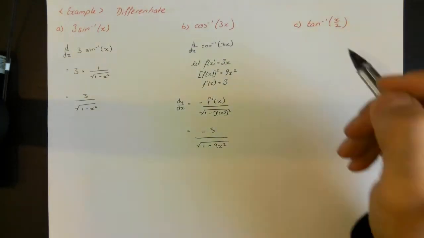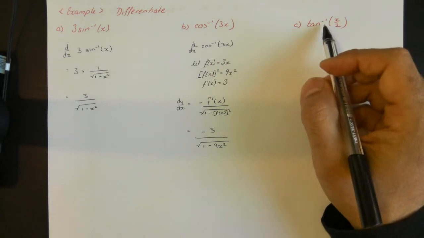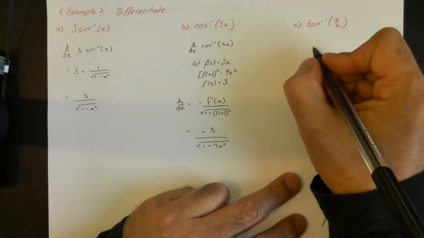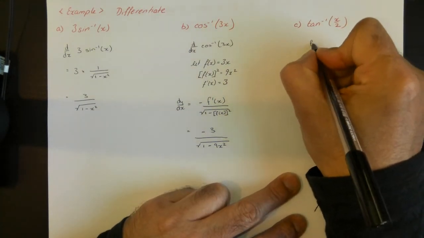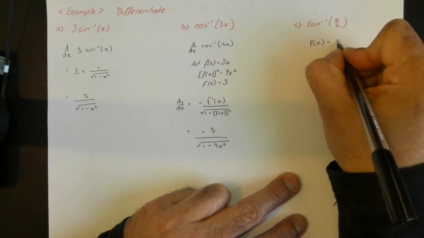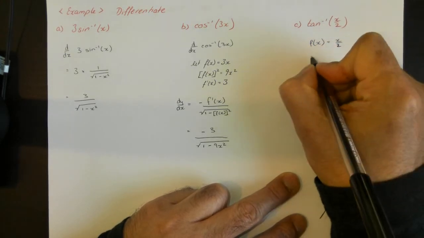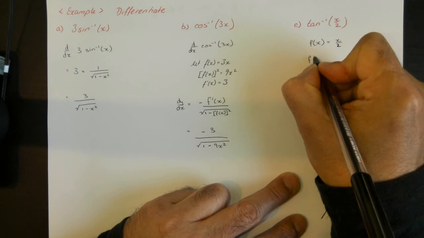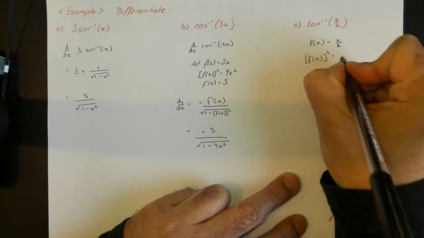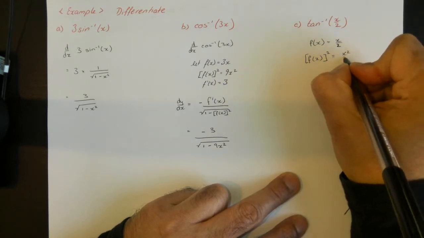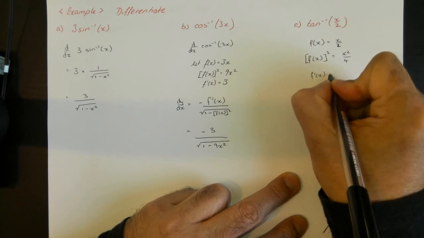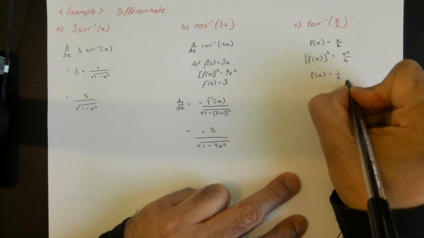Similarly, let's find the derivative of arc tan of x on 2. If the function is x on 2, if we square that, that's going to give us x squared on 4. And the derivative of half of x is just a half.